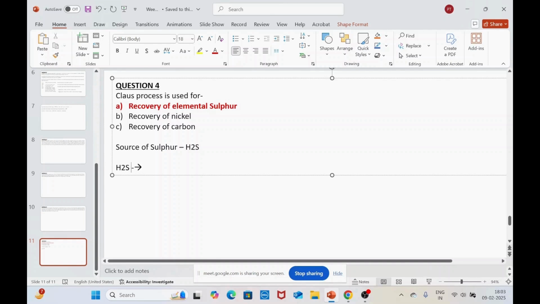H2S gives S. So you're supposed to convert this H2S to elemental sulfur. How are you going to do it, or what does the Claus process describe on converting this H2S to elemental sulfur?